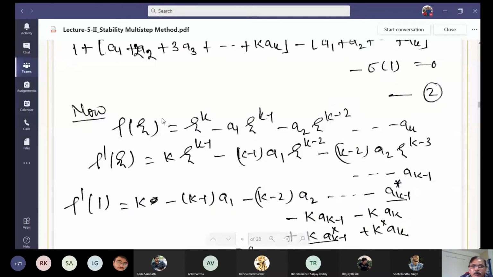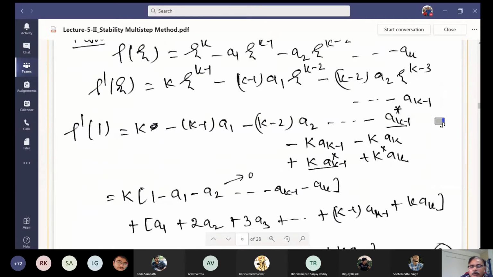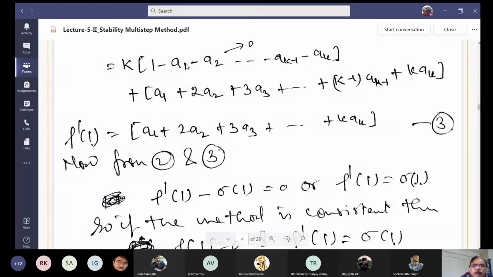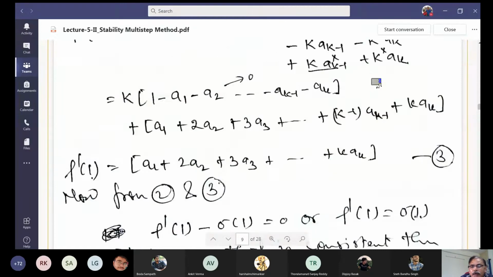Rho 1 will be what? 1 minus a1 minus a2 and minus ak. Rho 1 is 0, means what? This term is rho 1 to 0. So this is k into rho 1, but rho 1 is 0, so this goes to 0. Remaining term is only this thing, means rho prime and your rho prime 1 is 1 plus 2a2 plus 3a3 plus kak.